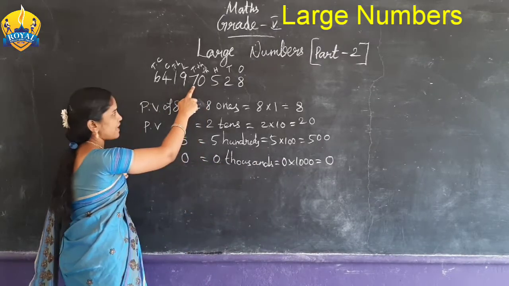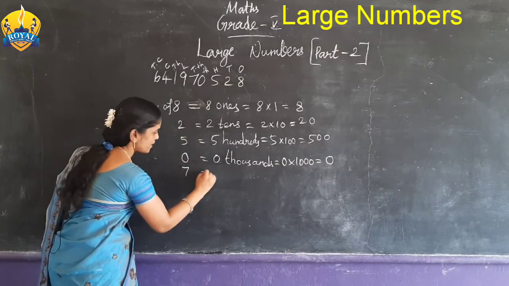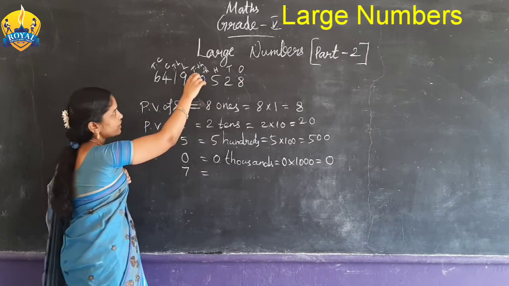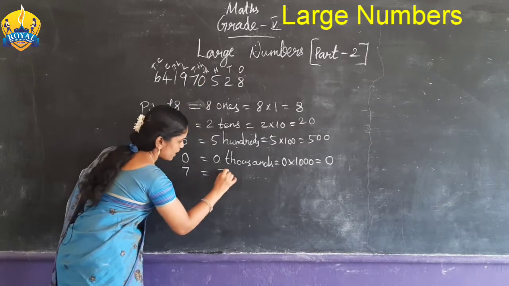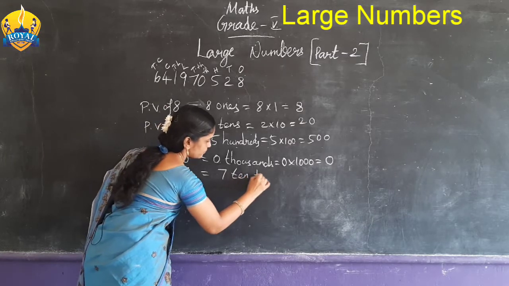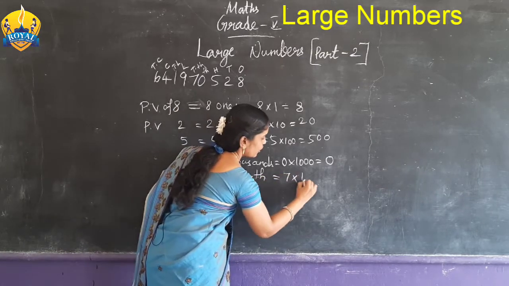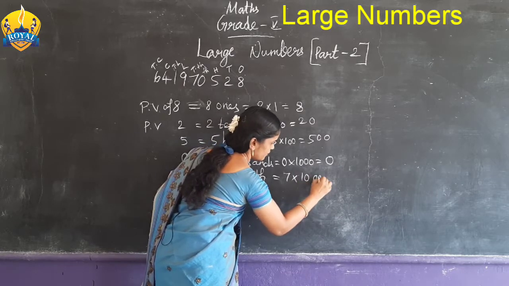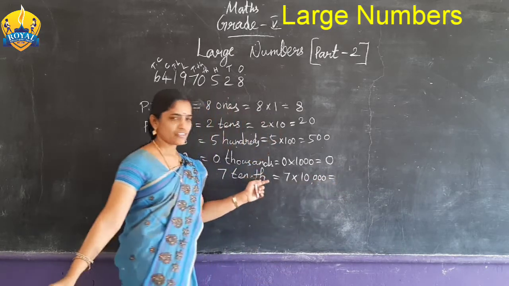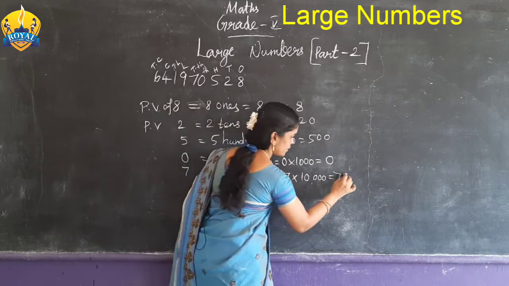The next one, 7. The place value of 7 is 7 ten thousands. We get 7 into 10,000, which is 70,000.